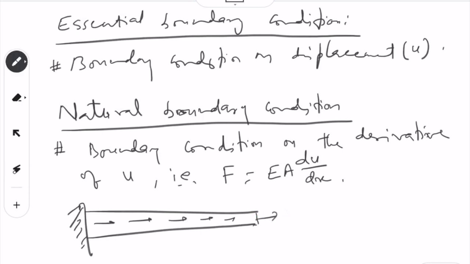So, let us say f naught is given, and let us write the boundary conditions to begin with. Your first boundary condition is u at x equal to 0 is equal to 0, because it is fixed, and this will be the essential boundary condition.